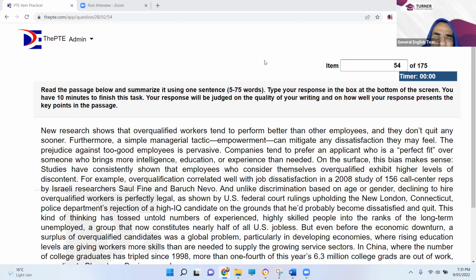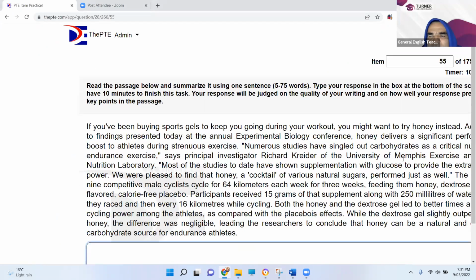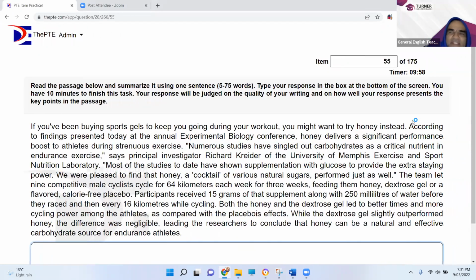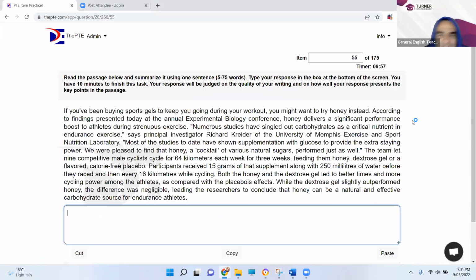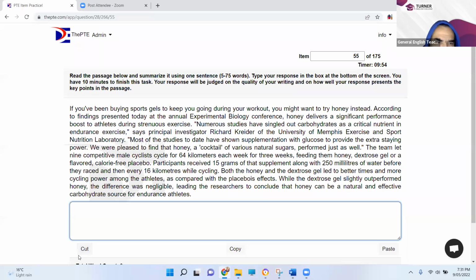It's 10 minutes. So the time is 10 minutes. You have 10 minutes to summarize it into one sentence. And as you can see here, the time was 10. There we go. So the next one, the time is 10 minutes and it's counting down. All right.